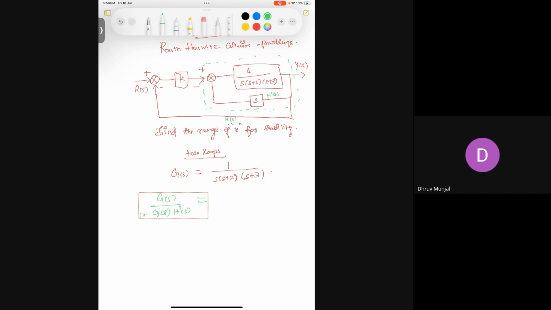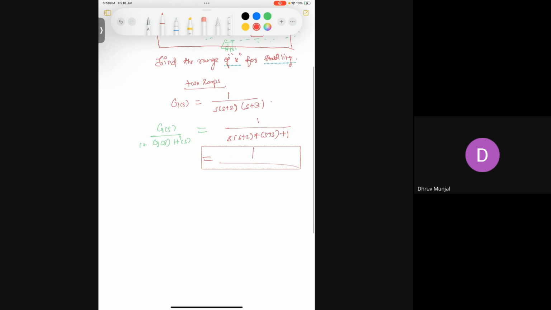Okay, this will give you 1 by again s into s plus 2 into s plus 3 plus 1. Why am I writing like this? S plus 3 plus 1. Then again this will become s plus 5s plus 6.